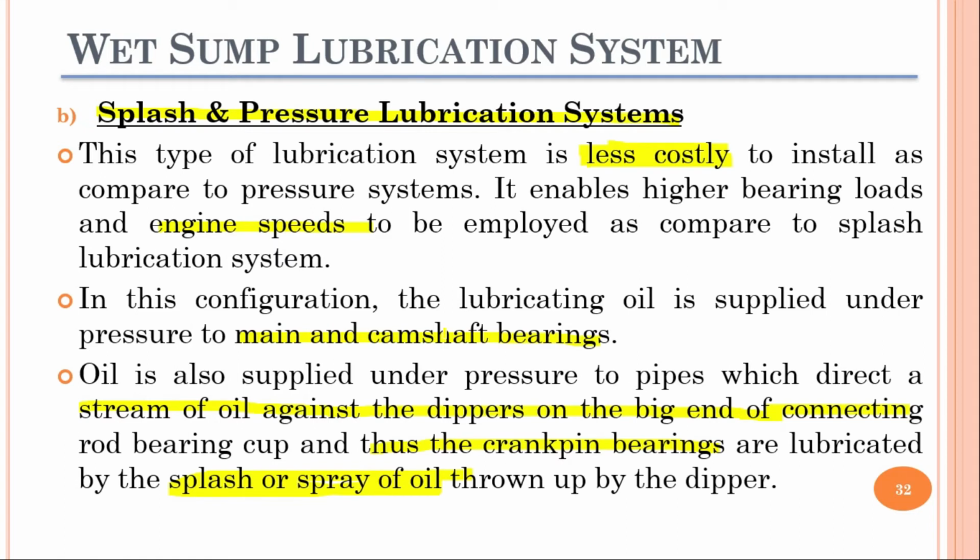The main bearing and the camshaft bearings are being lubricated by the oil which is being supplied by the oil pump, and then the big end bearing and the crankpin bearings are being lubricated by the splashing or the spray of oil.